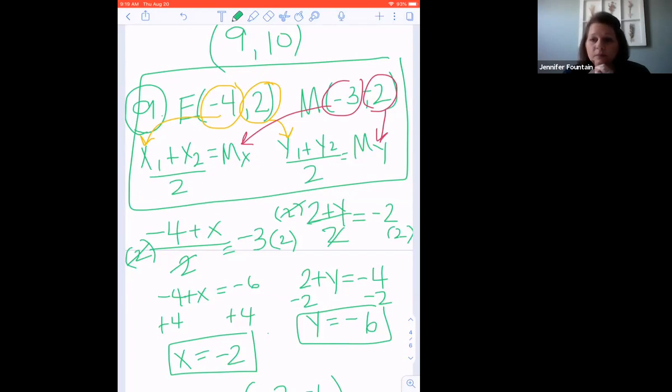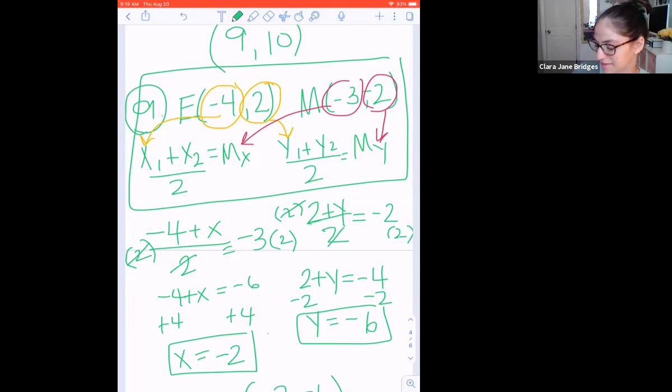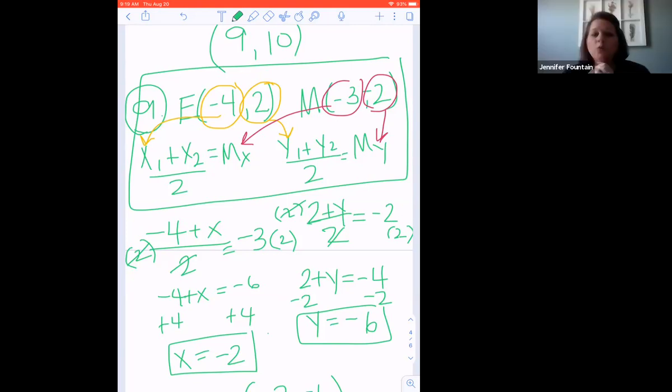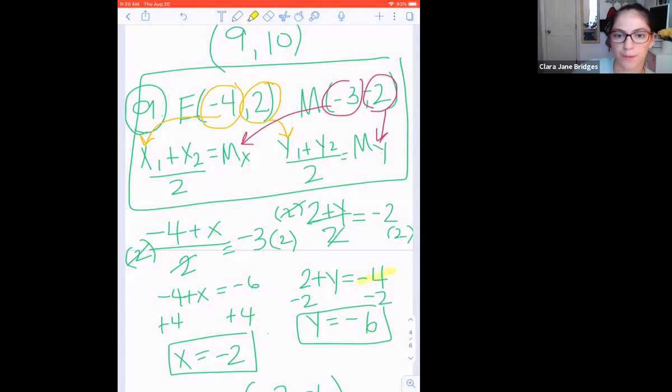Clara? I instead of putting -2, I put a +6. On which one? On the y value, where it says 2 plus y equals. Uh-huh. Where it equals 6. Okay, so you put a 6 right here, right where it says 2 plus y equals, and that where that -2 is. Oh, right here. Yes, ma'am. Okay, where did you get that 6 from?